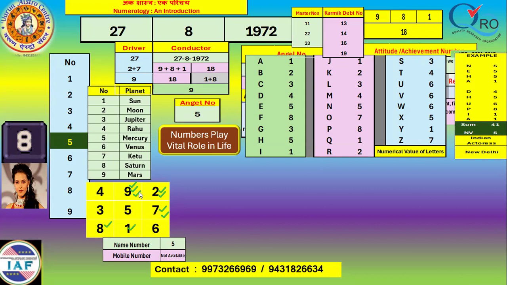So 3 nines are there. Angel number is 5, name number is 5. Mobile number I don't know, which he frequently uses, and for security reasons this number has not been searched. So from the given data, if you see, 4, 3, and 6 are missing for the native.